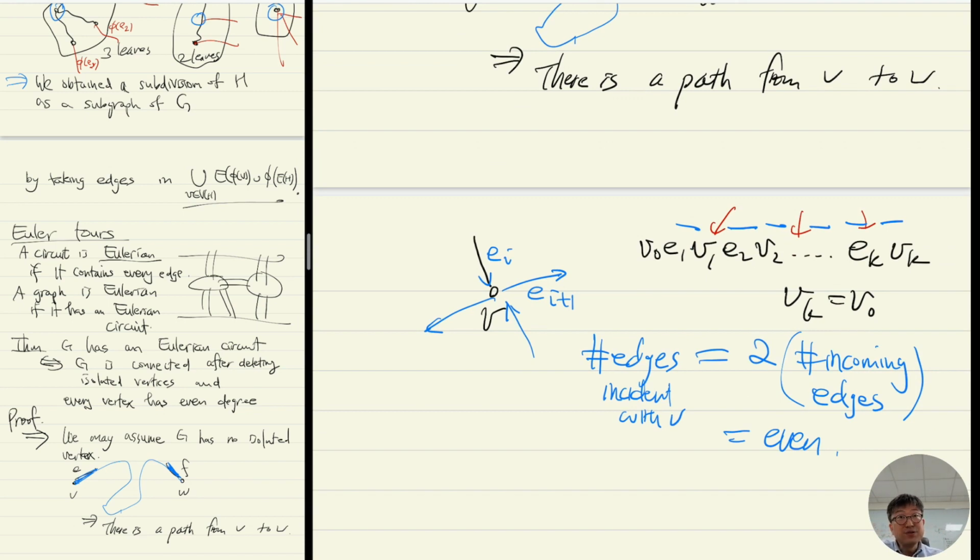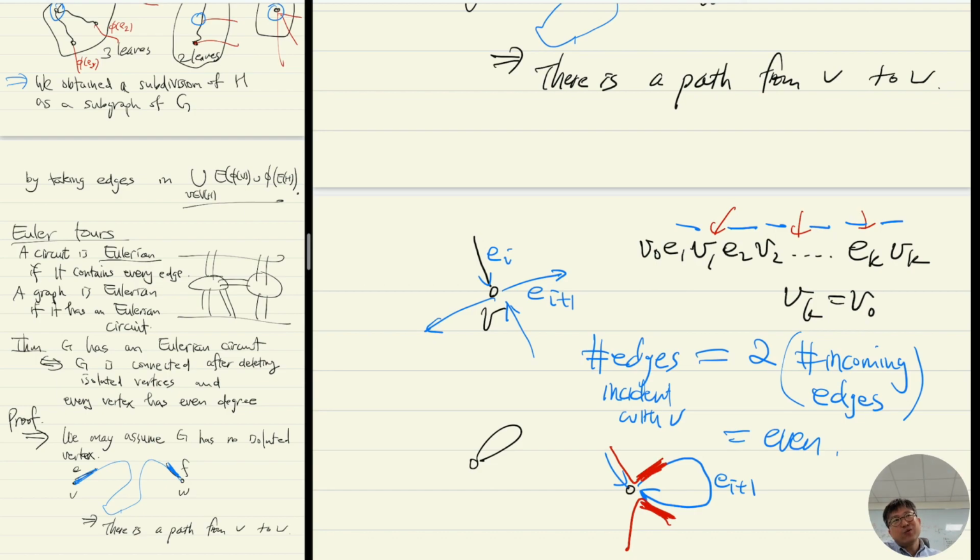Now, this is almost correct, except for one little thing. What happens if you have a loop? Well, when you have a loop, for instance Ei plus 1 could be a loop, then you go out and come back. And here, I was counting loops twice, because when you come in, you go out. So each loop is counted twice, because it's counted as one outgoing edge and as one incoming edge.